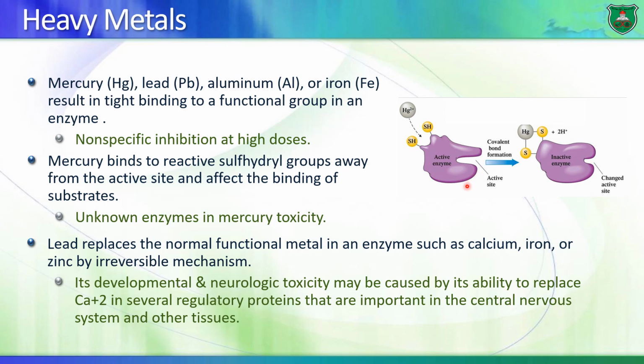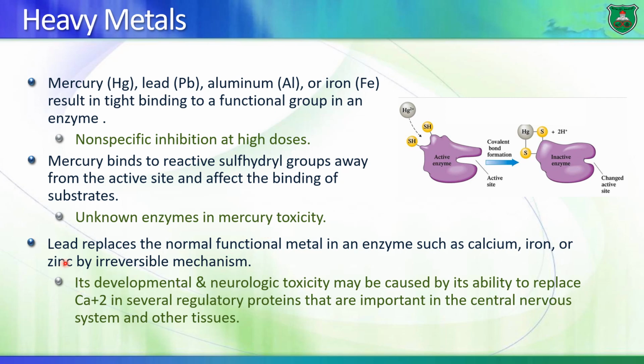What mercury does is that it binds to sulfhydryl groups of enzymes, and these can be far away from the active site, and they can affect the structure of the active site, so they kill the enzyme. Now, what enzymes are affected by mercury are not known.